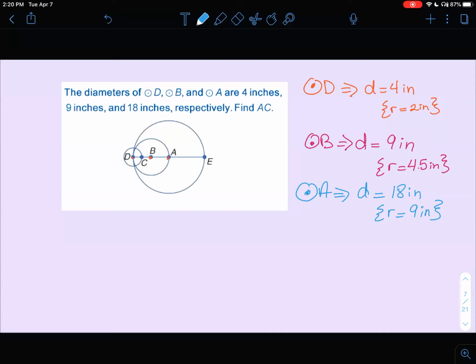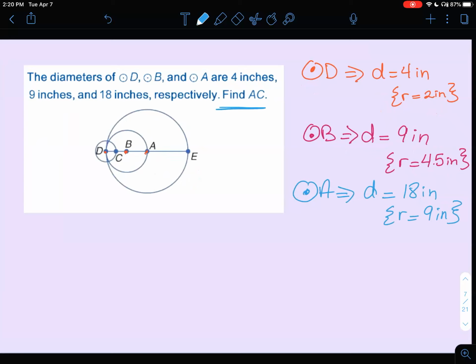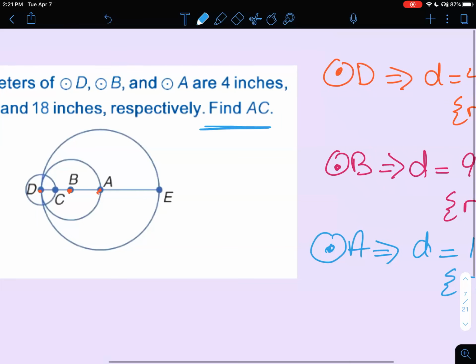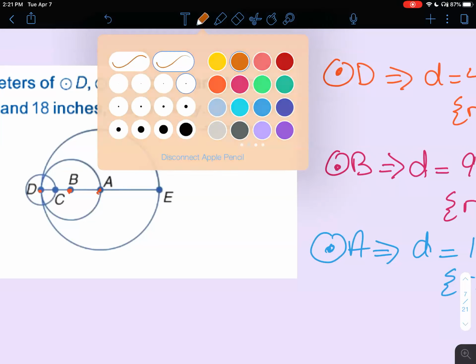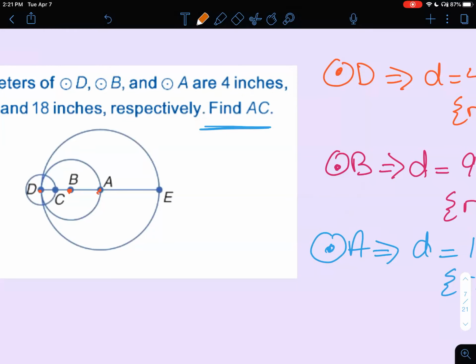We've determined how they're going to be. So let's start filling in our circle because it wants us to find the length of AC. Well, AC is kind of awkwardly in the middle of all of this mess. So let's go ahead and I'm going to zoom in a little bit so we can pull up some better imagery here. All right, so let's apply what we know about circle D. So we're going to work from the outside here.